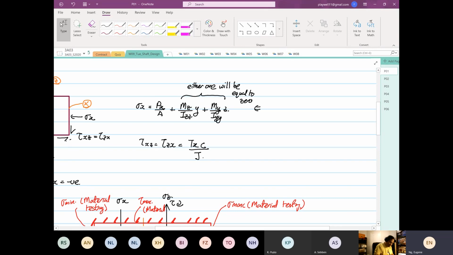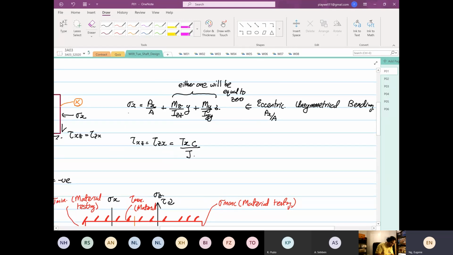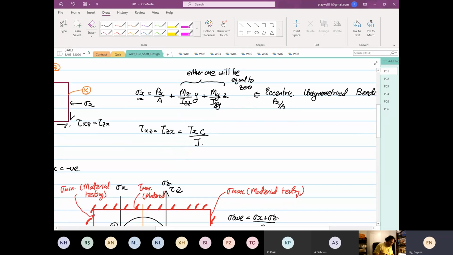This is under eccentric loading, where the eccentricity is due to the Px over A, and unsymmetrical bending. So this will give us your stress x, and then the shear for a shaft.